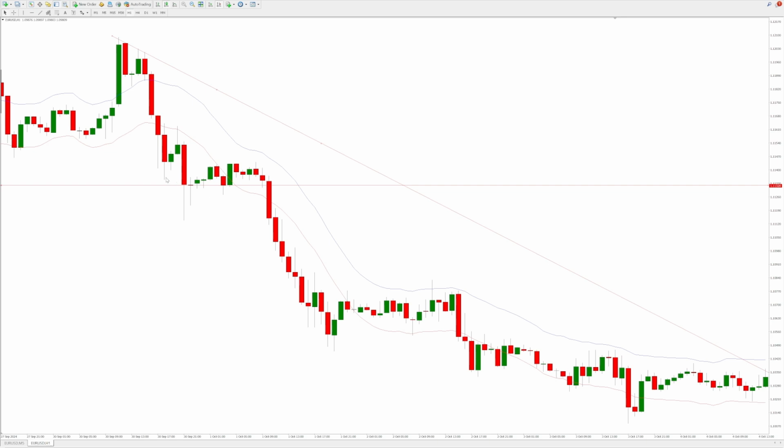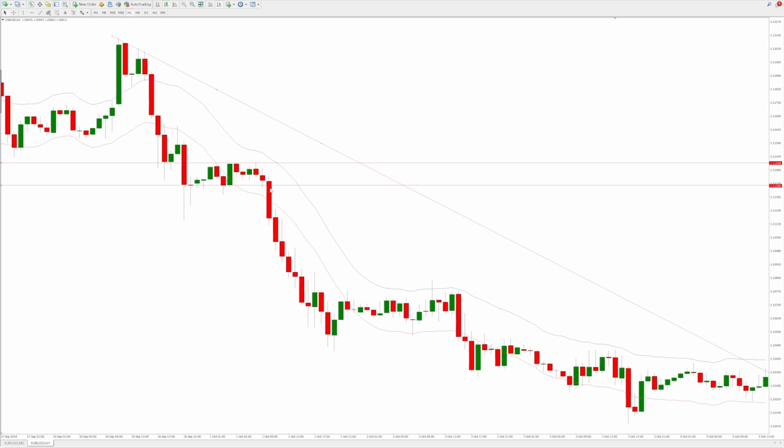So we'll mark off the support level there. You can see there's some indecision in the market. The bulls and the bears are fighting around here, and we do reach this level of support here, which has become resistance around here, which is another bearish indication, along with, as we said, the envelopes going downwards, a downtrend.